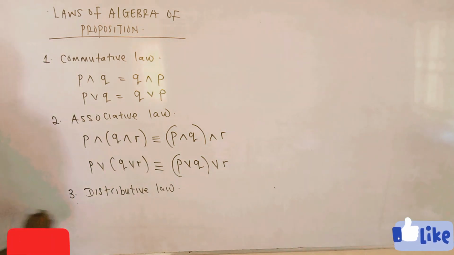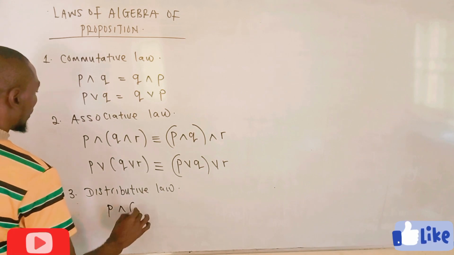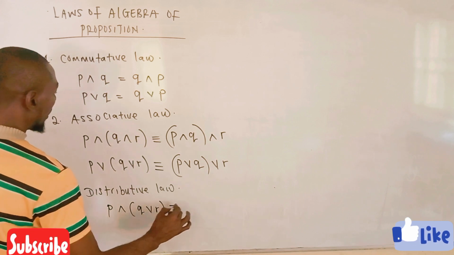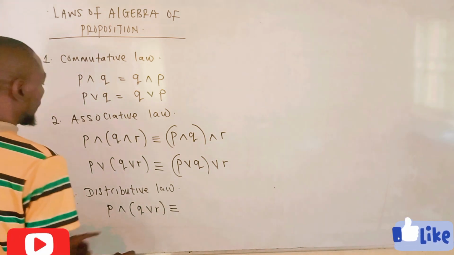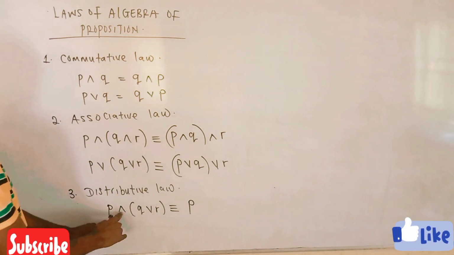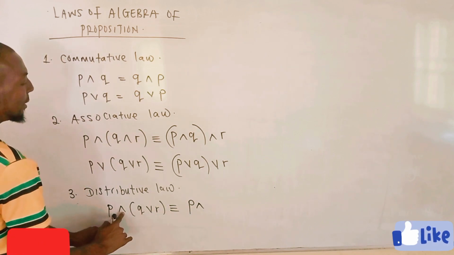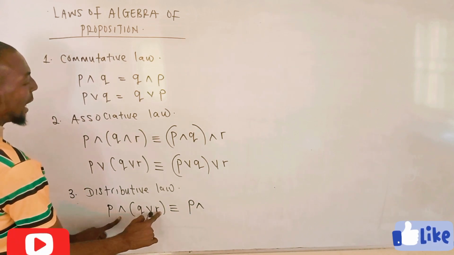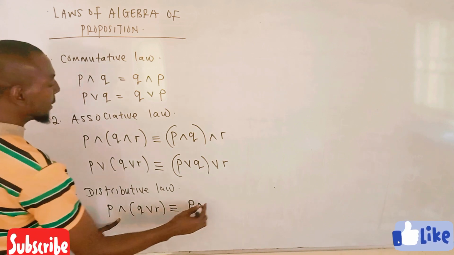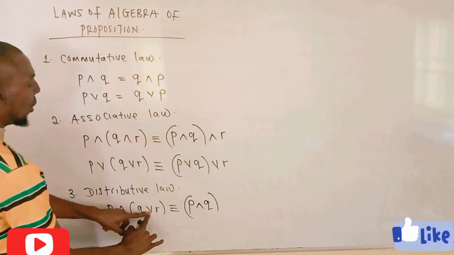Number three is the distributive law. Under distributive law, we have P and (Q or R). It is the same thing as P and Q. The and is affecting both Q and R. So this and is going to take Q first in one bracket, then or will come in.